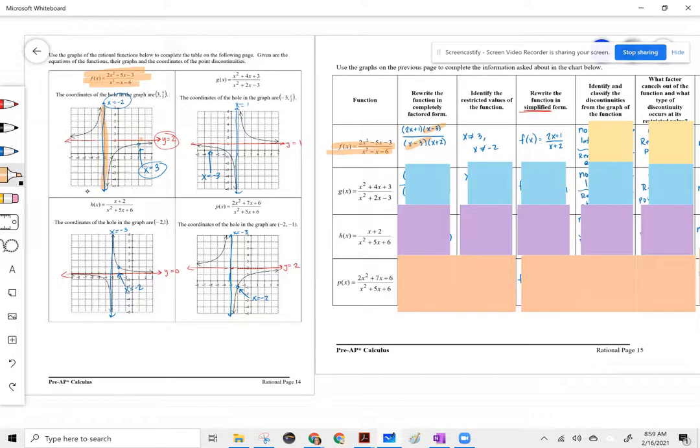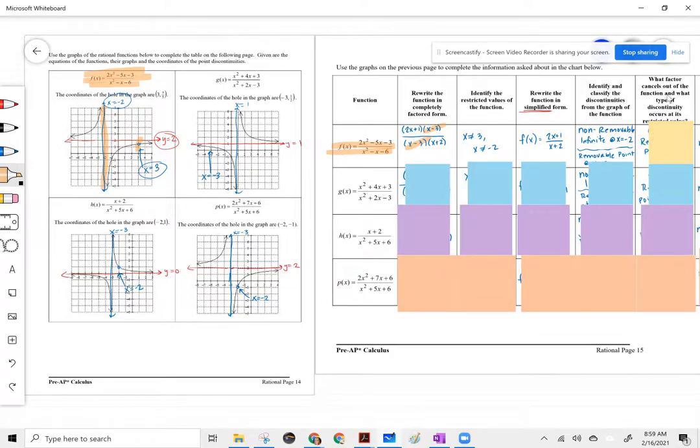But you also have a discontinuity at x equals 3 because that is a hole. To classify just means to say whether it's non-removable, jump, or point discontinuity. So we've got non-removable infinite at x equals -2, and removable point at x equals 3.